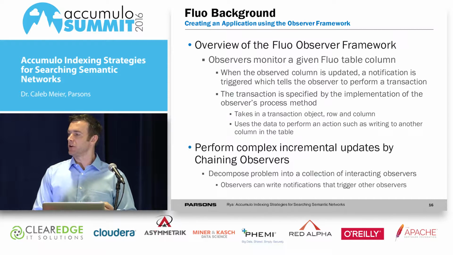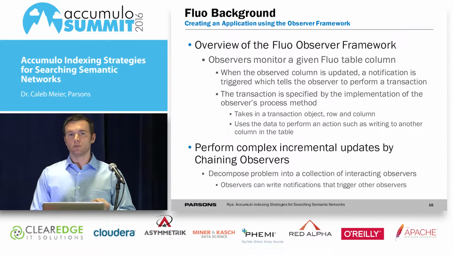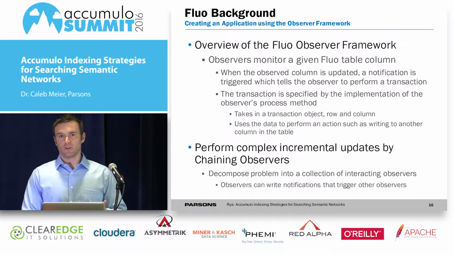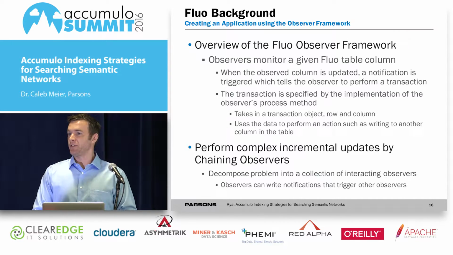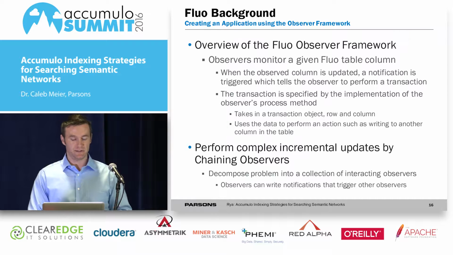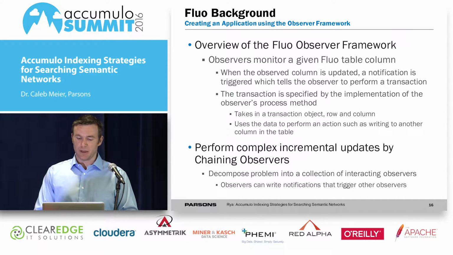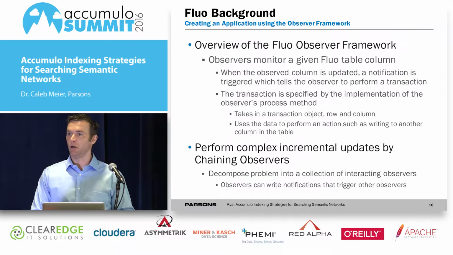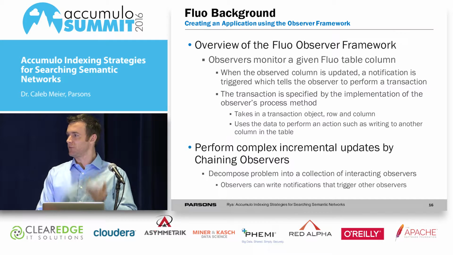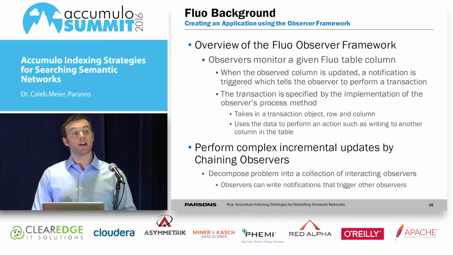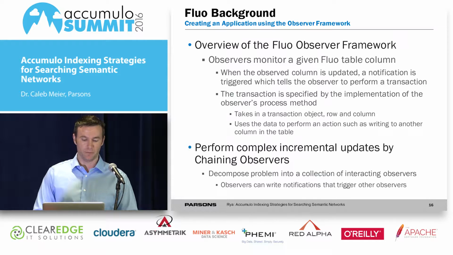So observers work in Fluo in the following way. Essentially, you have an observer monitor a given column in the Fluo table. When new data is inserted into the column that the observer is watching, a notification is generated, and the observer processes that notification. What the observer does depends on how its process method is implemented. Essentially, that process method takes in the row and column of the cell that's been changed, and it usually performs some sort of transformation on that data and writes it to some other column in Fluo.